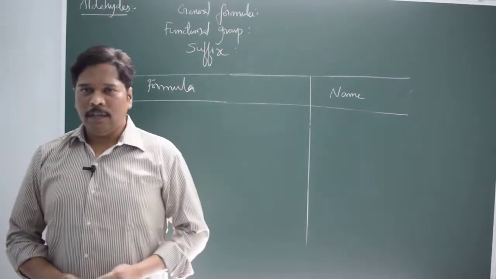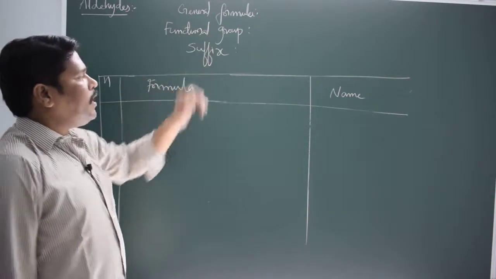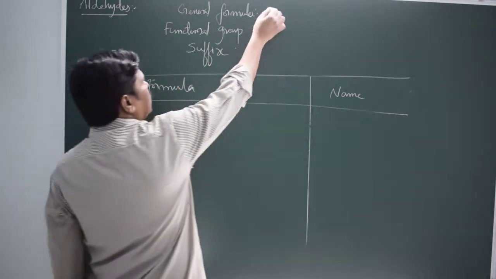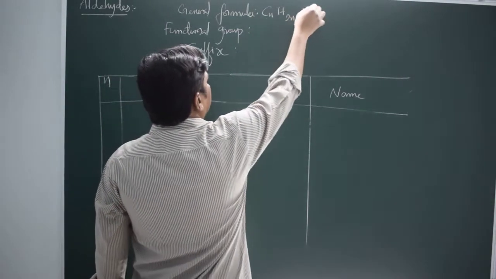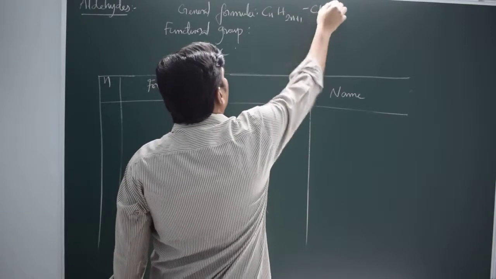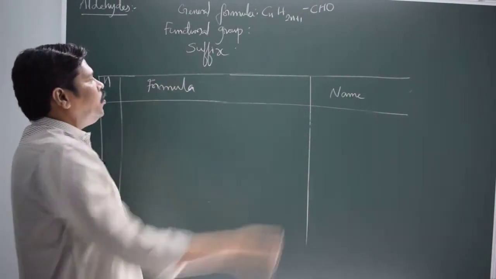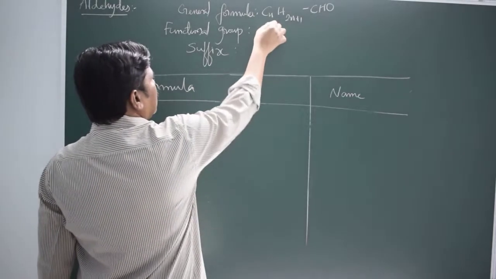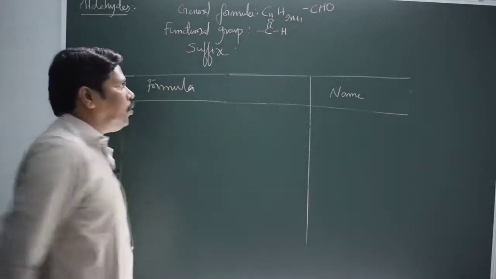Now the aldehyde group. In the aldehyde group you have the general formula alkyl, CnH2n+1, then CHO, that is the aldehyde group. The functional group is C double bond O, then a single bond to H, CHO.